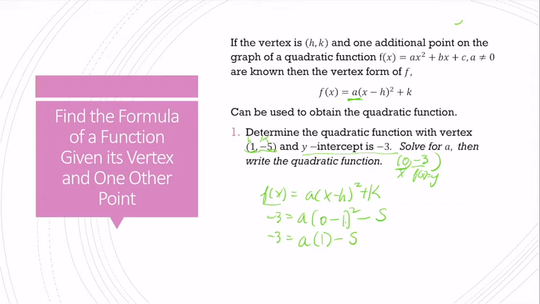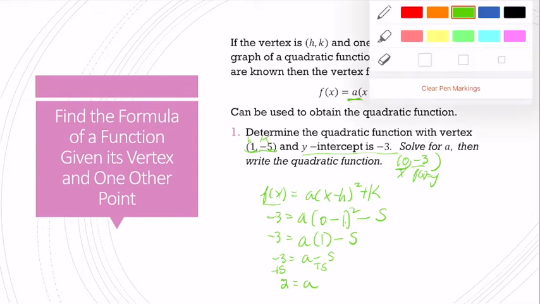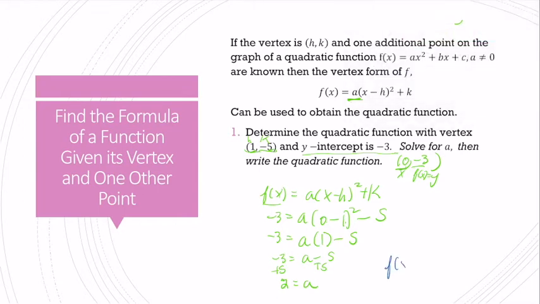So I have negative 3 is a minus 5. I add 5 to both sides. I get that 2 equals a. So I can rewrite my equation as f of x equals 2 times x minus 1 squared minus 5. So once we solve for a, we can write this in vertex form.